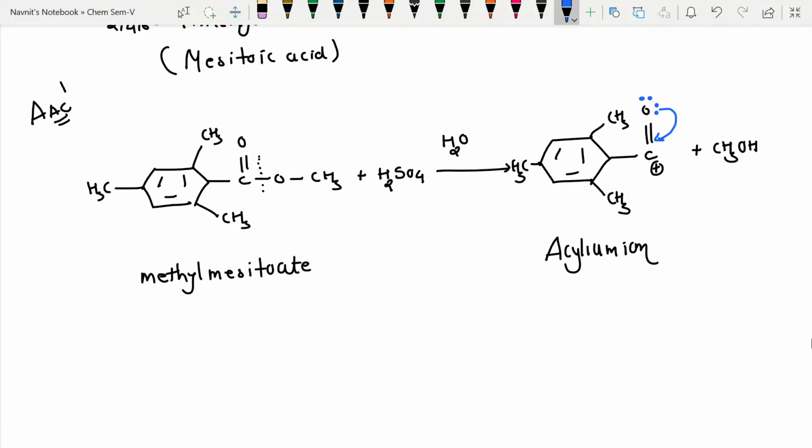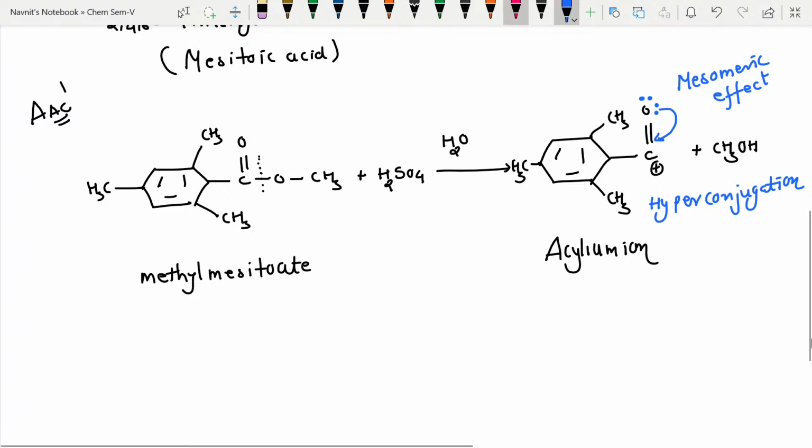So this carbocation is stabilized by the lone pair of this oxygen. This effect is known as the mesomeric effect. And this carbocation is also stabilized by this methyl group through hyperconjugation. So that's why the hydrolysis of methyl mesitoate we can explain through the AAC1 mechanism.